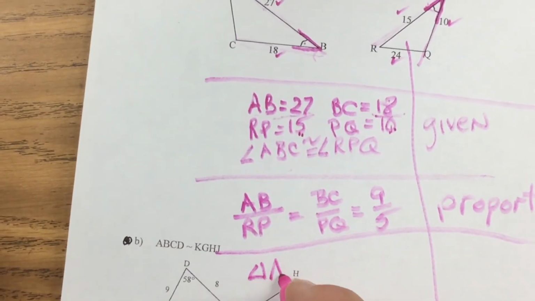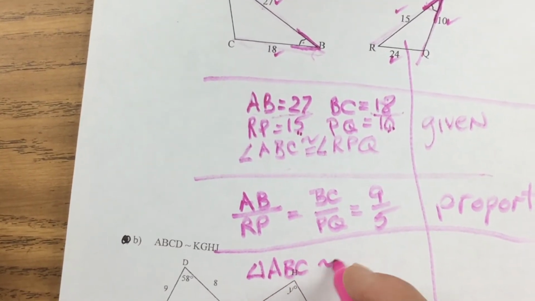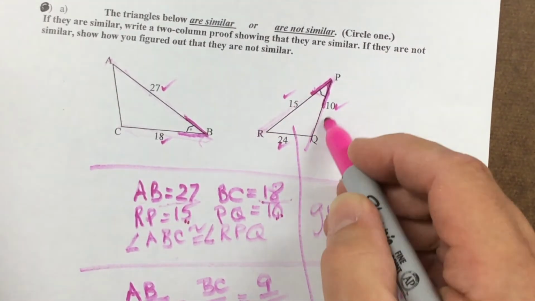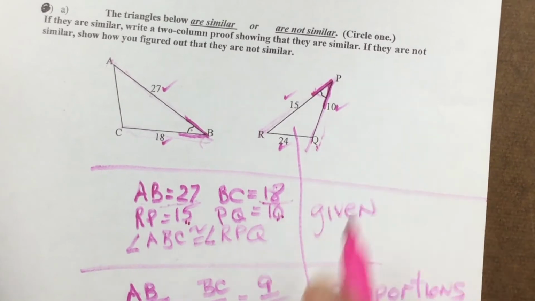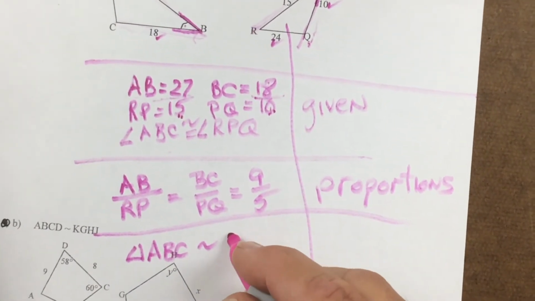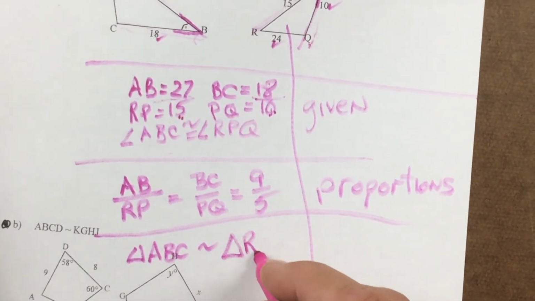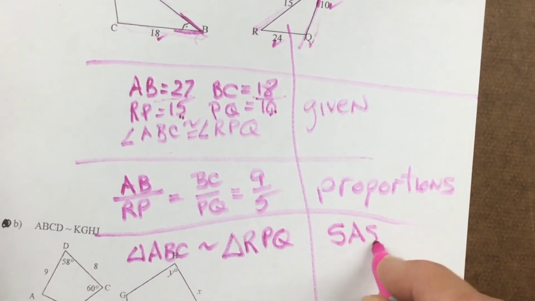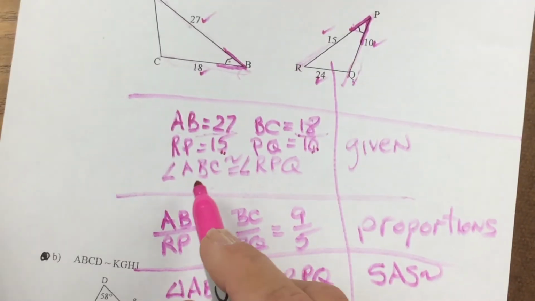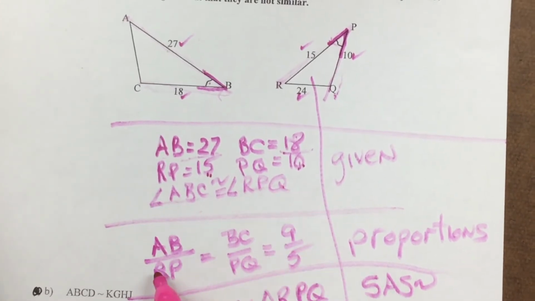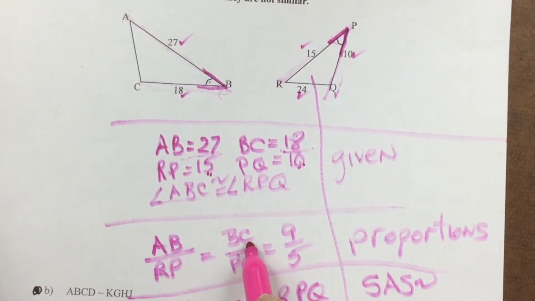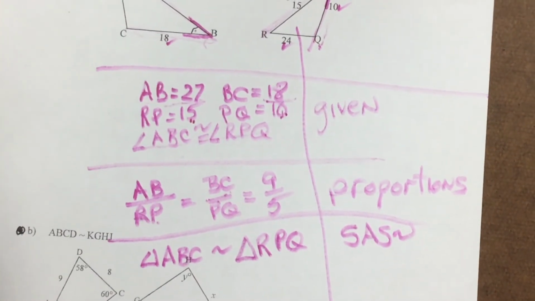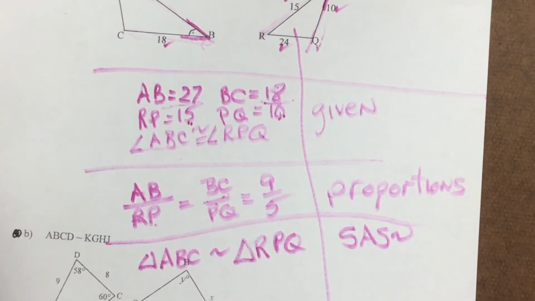Triangle ABC is similar to triangle RPQ. And that's all because of side, angle, side. I have the angle here, and I have the two corresponding sides here that are equal by proportion. That's the whole proof. That's it.